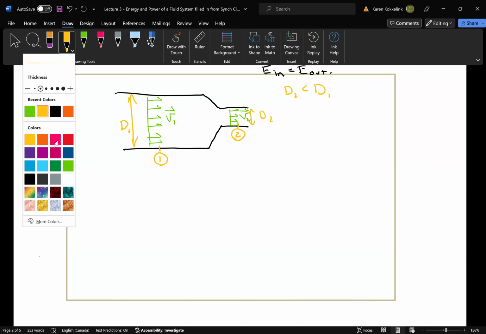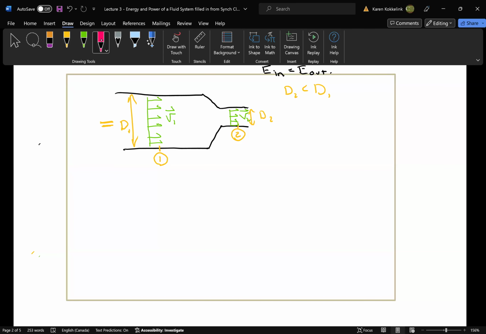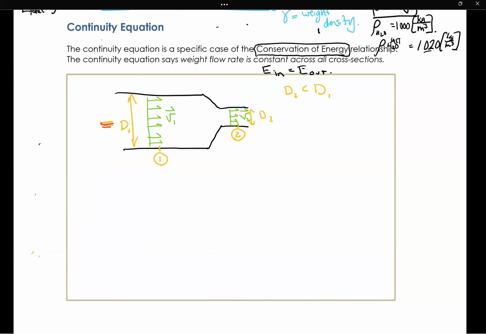Let's let some fluid flow in, and we're going to let that fluid flow in at a flow rate Q1.